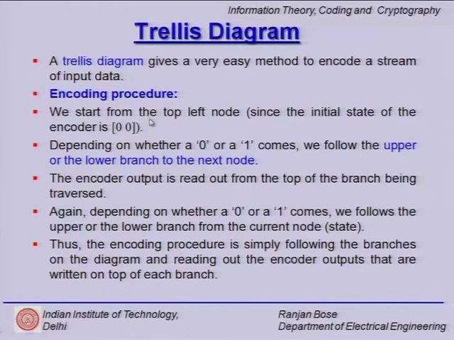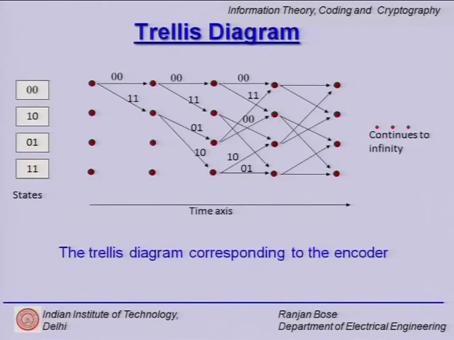Encoding is just following directions along the trellis diagram. So, we start with the top left node. Now, if a 0 comes in, follow the upper branch; if 1 comes in, follow the lower branch. In fact, the input bit stream, say 0 1 1 1 0 0 1, is telling you go up, down, down, down, up, up, down along the trellis. If a 0 comes in, we move up, if 1 comes in, we go down.